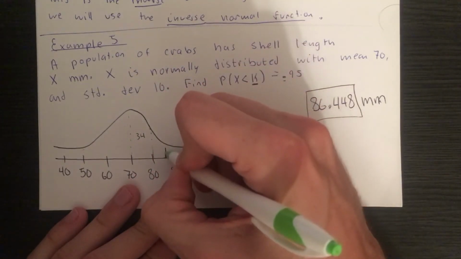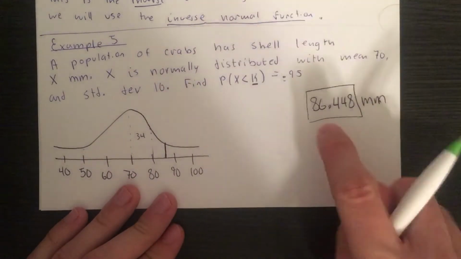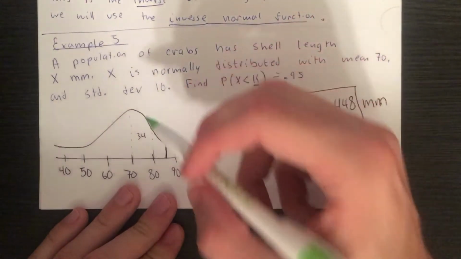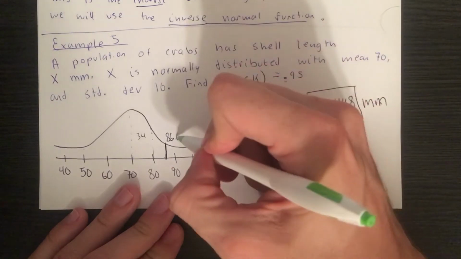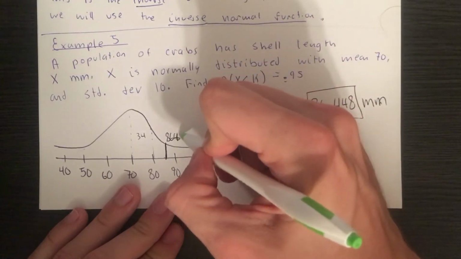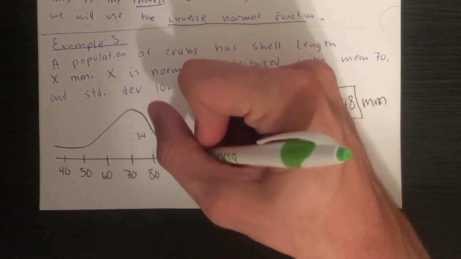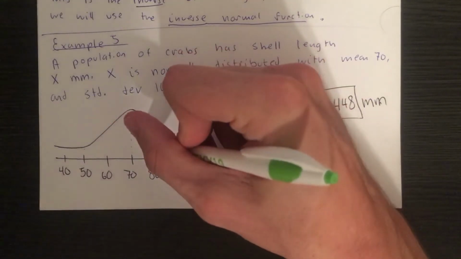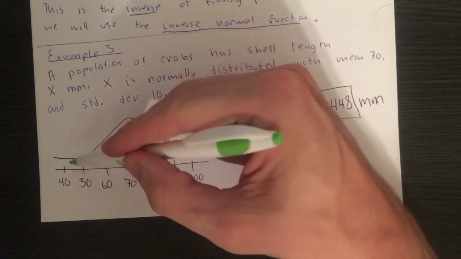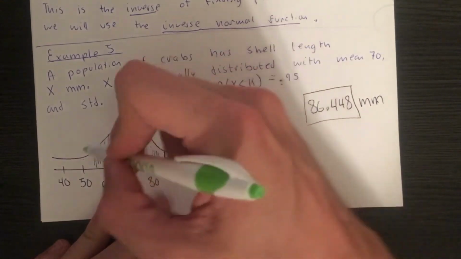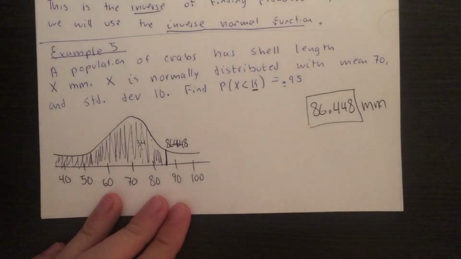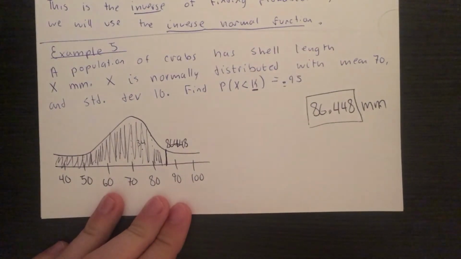So we are here at 86.448, all the way to the left. We include this 34 and this other stuff. If you shade in all of this information, that is approximately 95% of your normal curve.